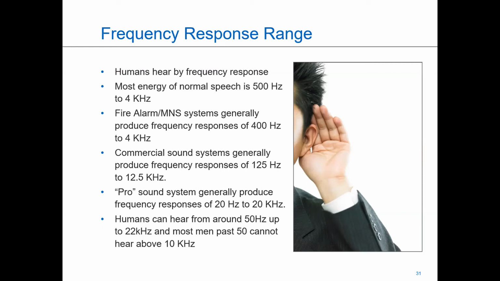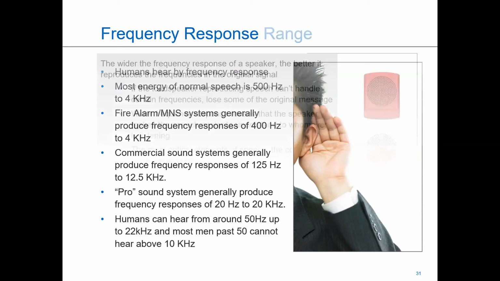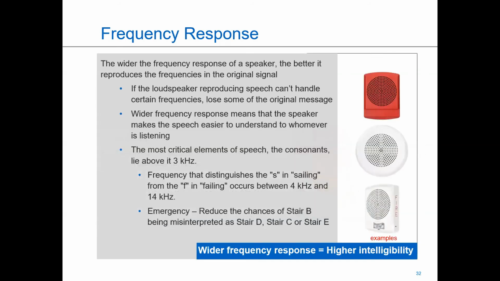Commercial sound systems, 125 hertz, pretty low, up to 12,000 cycles for when you're talking about music, not just voice, but musical systems. Pro systems, here's a typical frequency response. But very important, because the human ear is related to the frequency response of that audio pattern, all having to do with its intelligibility. So the frequency response of speakers is critical.